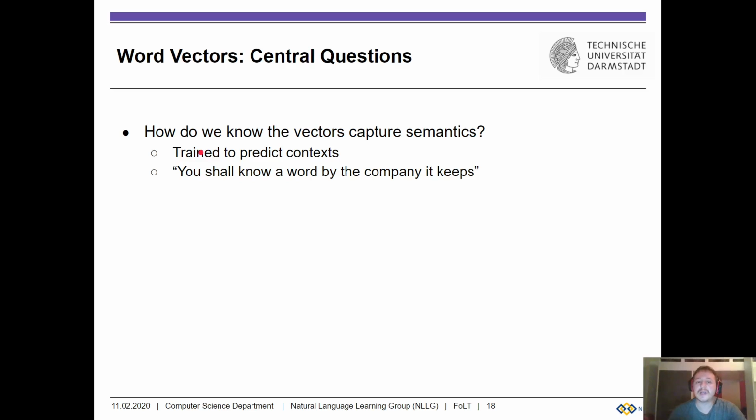So this is a justification of why the word vectors should actually contain semantics, and then we can verify this intuition empirically by, let's say, visualizing those vector spaces.